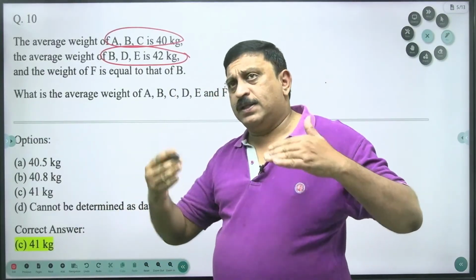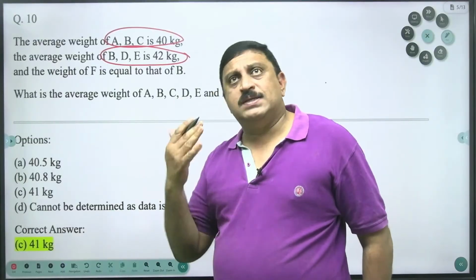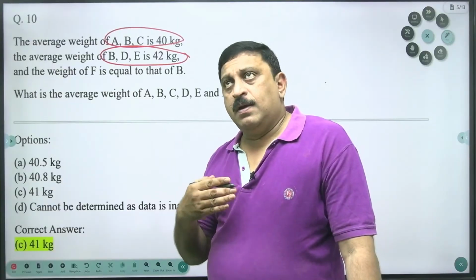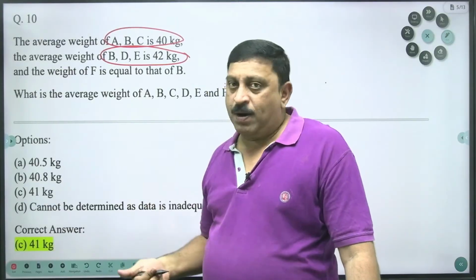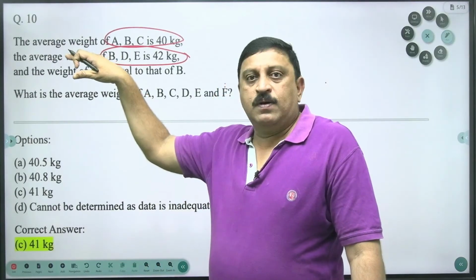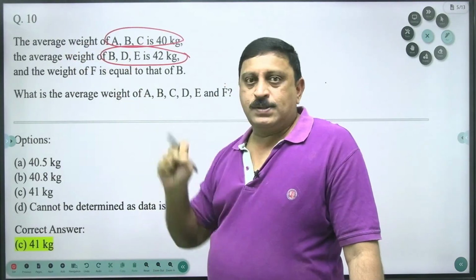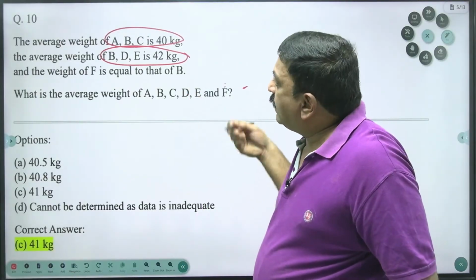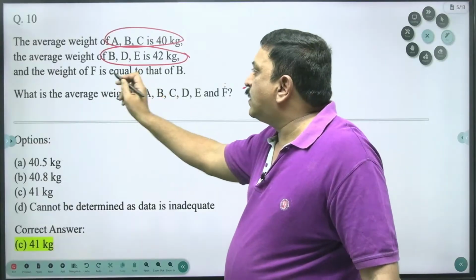Since we are doing this question since the inception of your CSAT, that is 2011, 2014, I'm using the same method of concepts of maths, that is in averages, particular averages, right? But the point is they want to make something where it can be determined. This is a very good question actually that is framed.